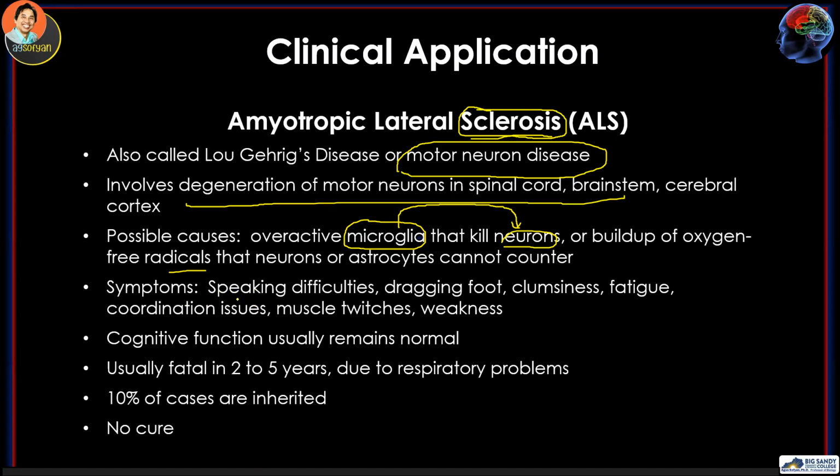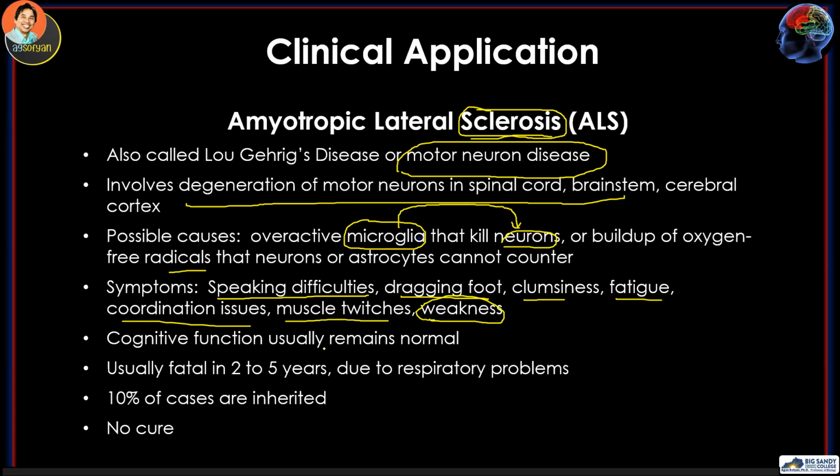Symptoms of ALS: speaking difficulties, dragging food, weakness of the foot, clumsiness, fatigue, coordination issues, muscle twitches, and also weakness. These are some signs and symptoms of ALS, sclerosis of the spinal cord.